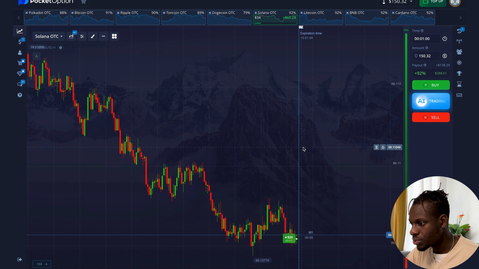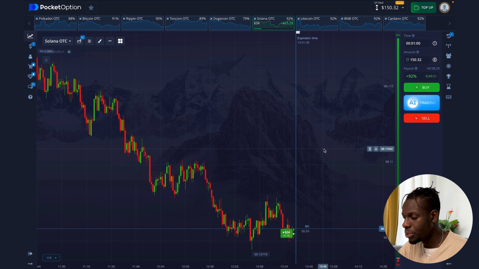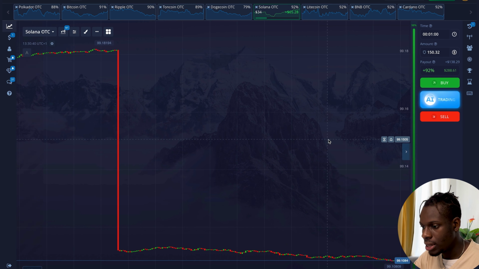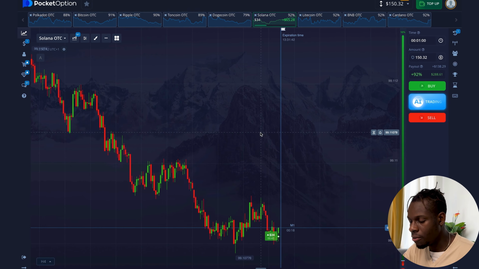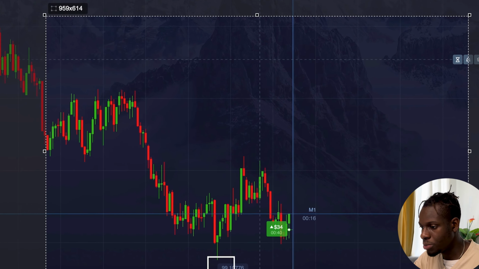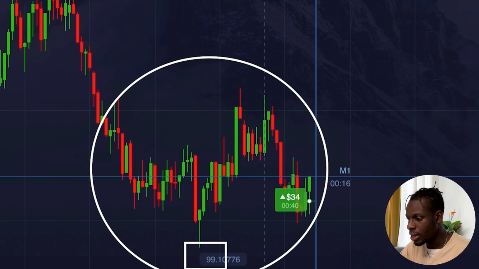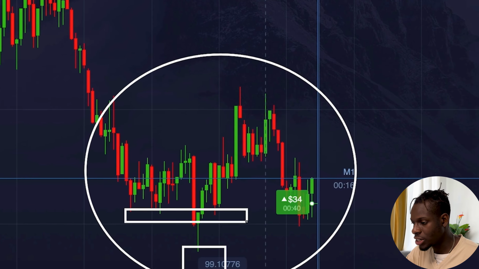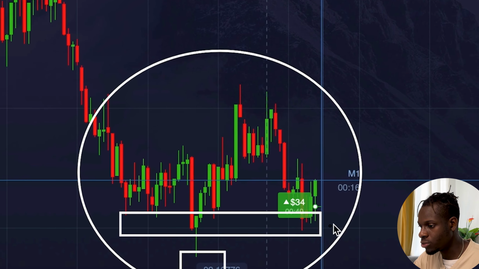Okay, so let's analyze this. Right now, we can see that we're in a downtrend, first of all, and this is a very confident downtrend, and we have formed over here actually a global structural minimum. Around this area, we can also see the wicks and the rejection levels around this whole area of support.